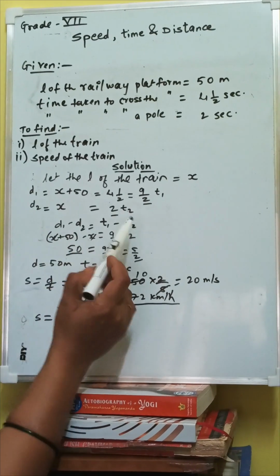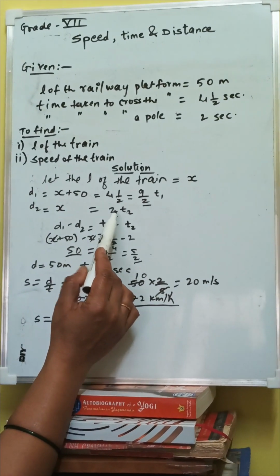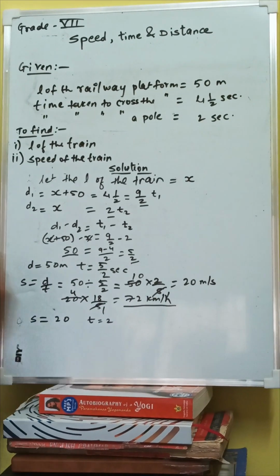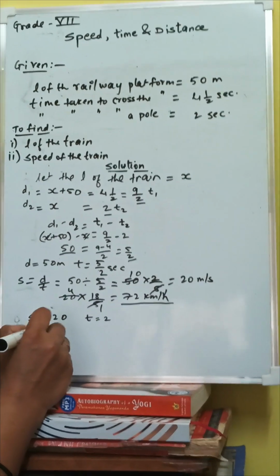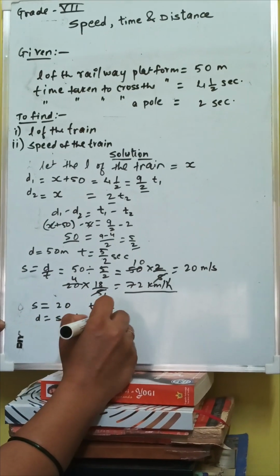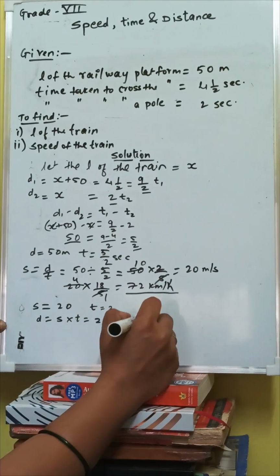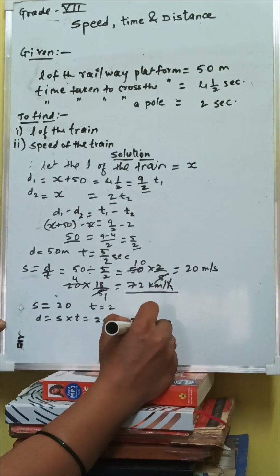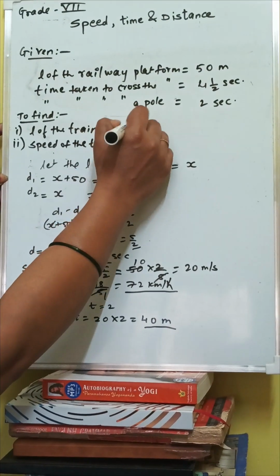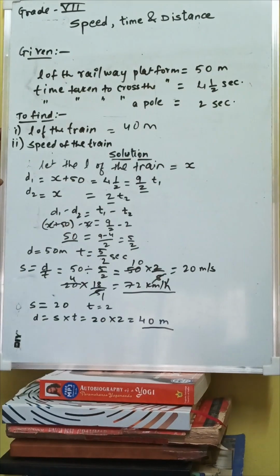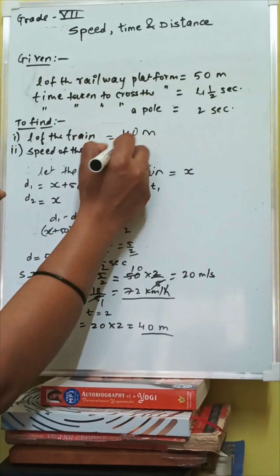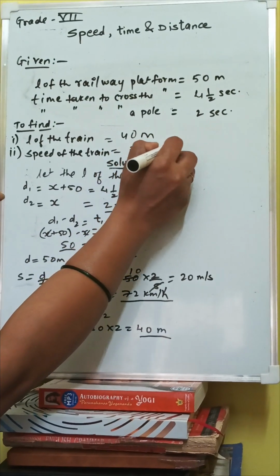Time is this time, T2, 2 seconds, the time that it takes to cross a pole. What is the formula to find the distance? Distance is equal to speed into time. So 20 into 2 is 40. Now what is this distance? This distance is nothing but the length of the train, 40 meters. And what is the speed of the train? 72 kilometers per hour.